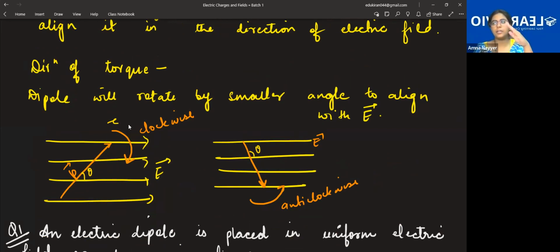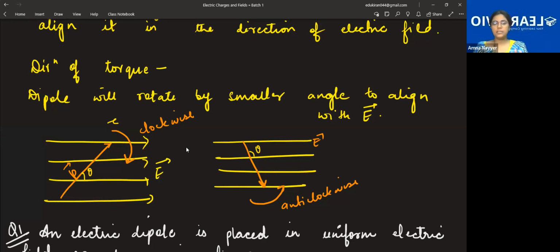Look at this example. Dipole is kept like this. So what will be the direction of torque? If the dipole moves the other way, then it won't be aligned. So torque will align the dipole like this. So what is this motion? Clockwise. So direction of torque will be clockwise.